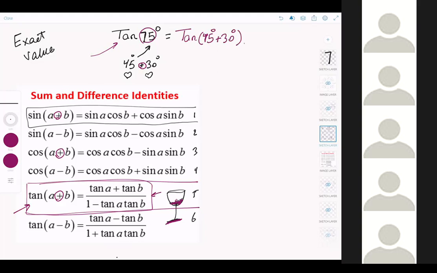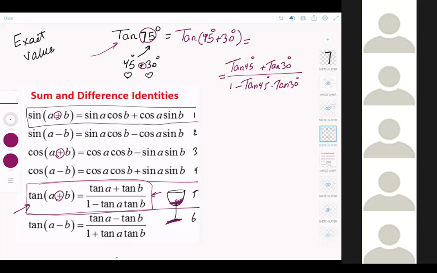Agree? Now I'm going to just copy the formula. This is equal to tangent of 45 plus tangent of 30 degrees over 1 minus tangent of 45 times tangent of 30. When I used to go to school, we used to memorize this, but you don't need to memorize it.